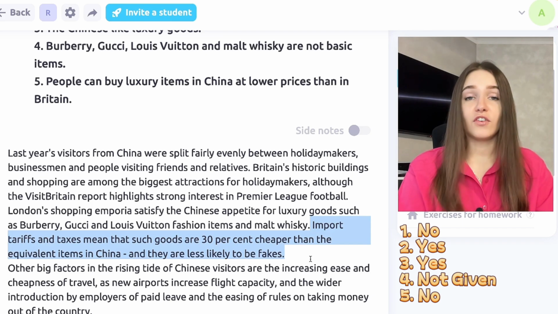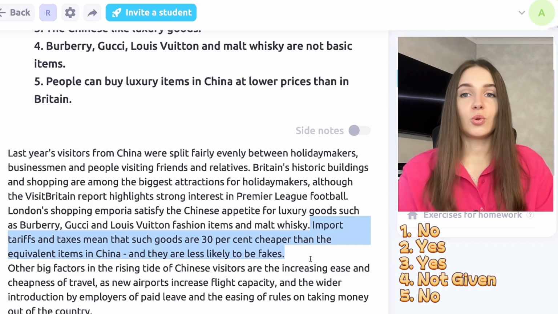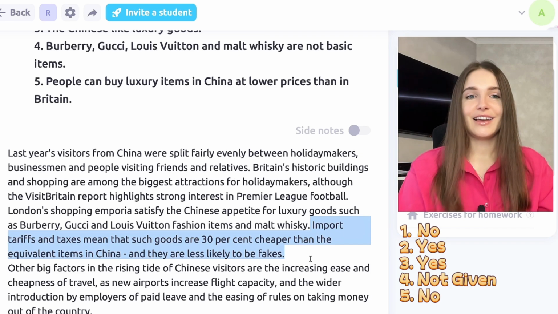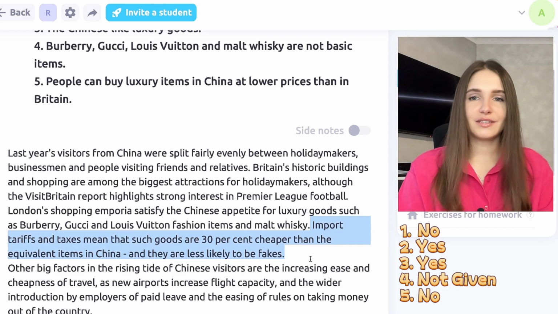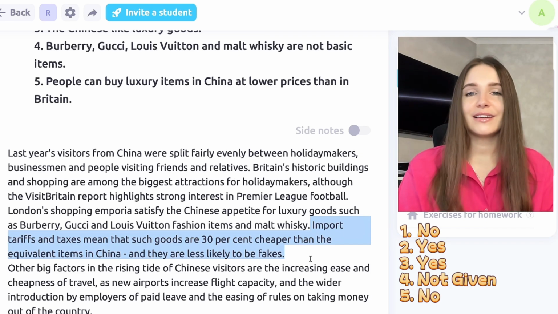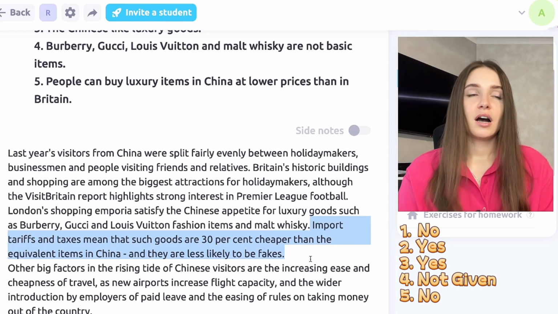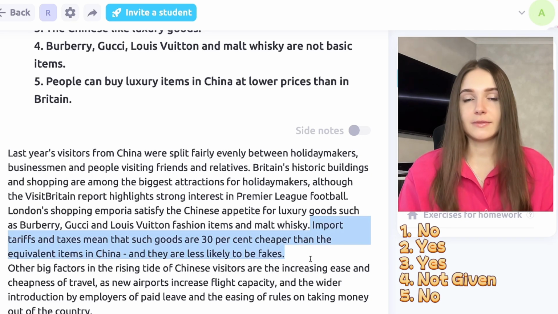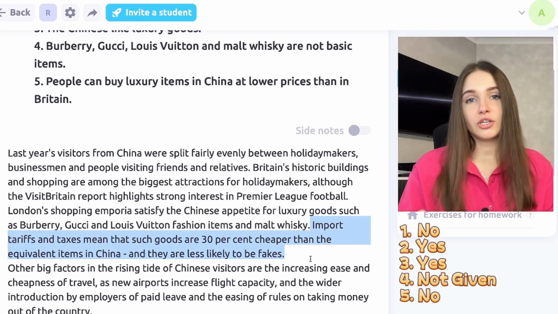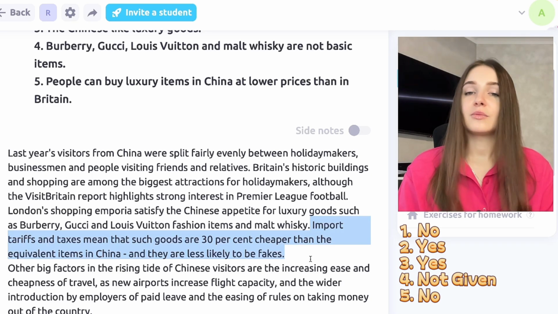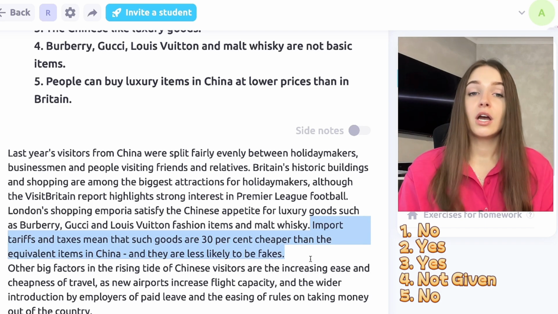We should be very careful, and we are not always that lucky to have the answers one by one. Mostly the answers are given in the whole passage. Rarely they're given in 2-3 paragraphs. So when you do the yes, no, not given task, please be very careful.